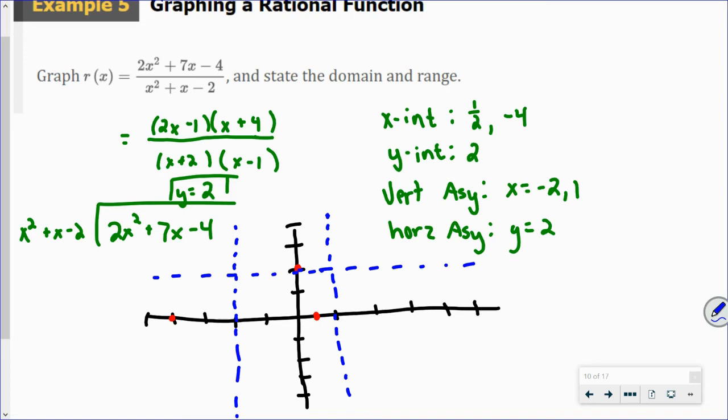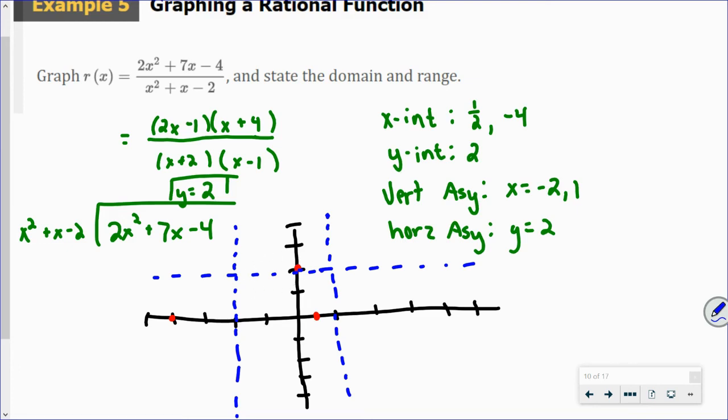Now remember, the horizontal asymptotes are where the end behaviors go. You can see it right here, I'm crossing this. But this horizontal asymptote is what's happening out here as x goes to negative infinity and as x goes to infinity, not right here in this set of numbers.